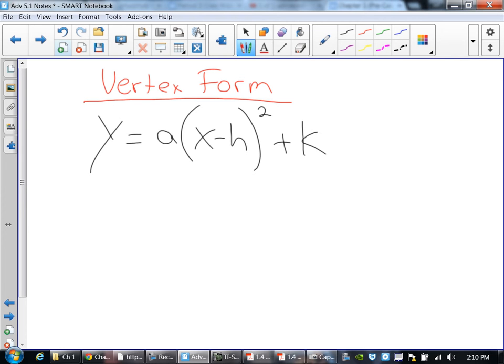A, H, and K. Again, it looks very similar to when we did absolute value. When we had the H and K with the absolute value, it told you where it started. Same thing here. When you have something written in what's called vertex form, the value of h and k, well, that is your vertex.